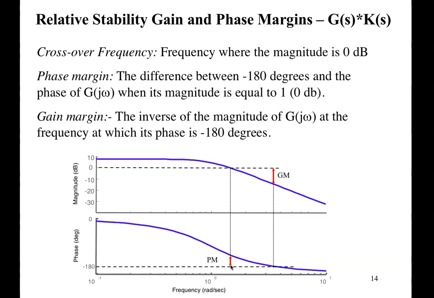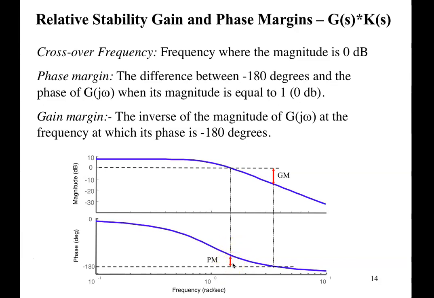So it's how far away it is from minus 180 degrees. The phase plot has to be above minus 180 degrees at this frequency for the system to have a phase margin. If it's below, then you have an unstable system, so you don't have any margins at all. So that's the phase margin.